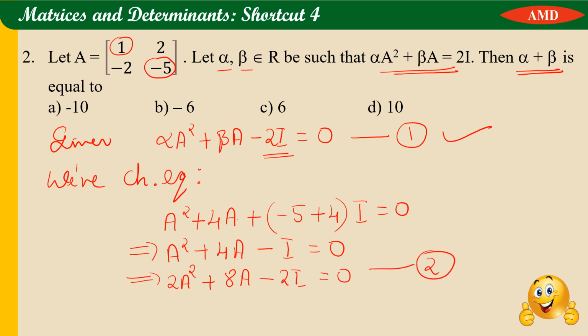Now I will call this equation 2. Comparing the first and the second equation, we have alpha is equal to 2 and beta is equal to 8. Therefore, alpha plus beta must be equal to 2 plus 8, that is equal to 10. So answer is option D.